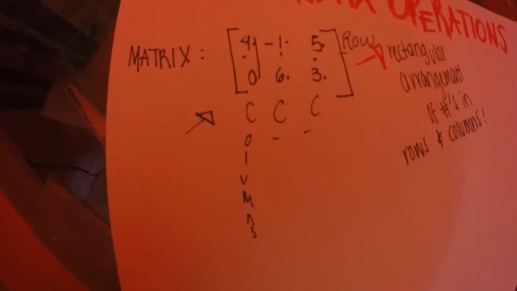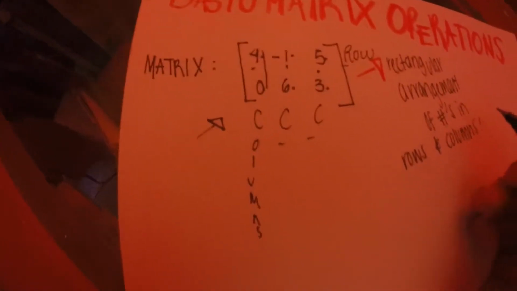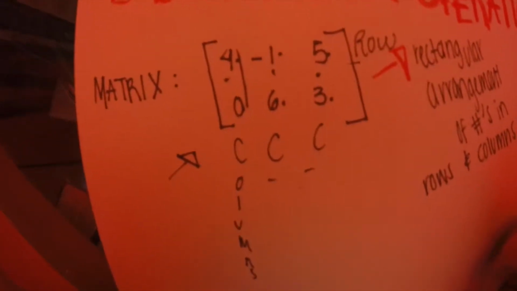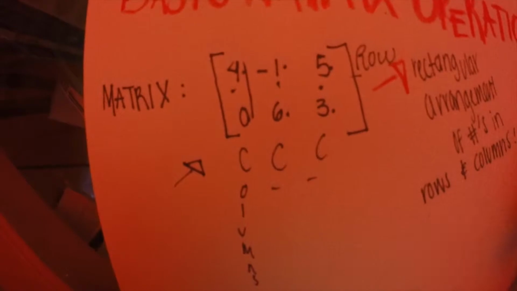So, in matrices and operations of matrices, it is important to have an equal matrix of the same dimension. A dimension would be, for example, your ratio from rows to columns. In this matrix, you can see that you have two rows, the 4, the -1, the 5, the 0, 6, and 3.